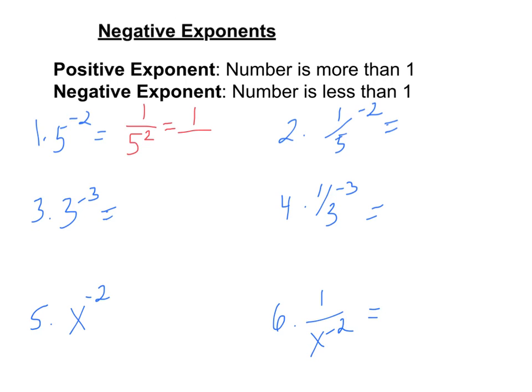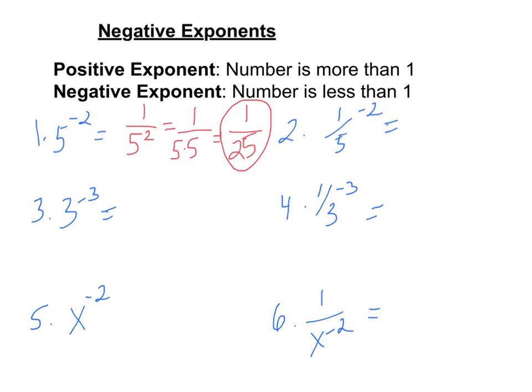And again, this is 1 over 5 times 5. And then 1 over 25 is your final answer. So this is what we're heading towards: 1 over 5 squared, which is 25.